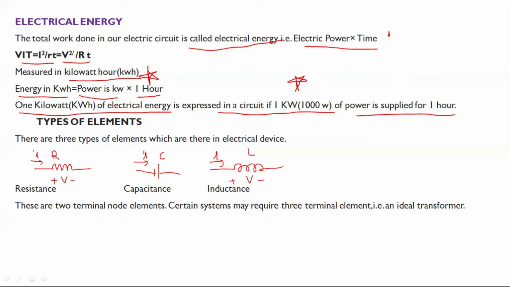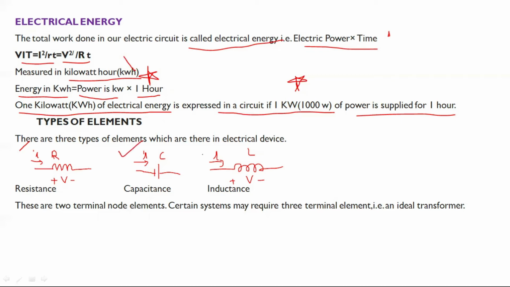Next, there are types of elements. There are three types of elements in electrical devices. Electrical devices here means AC devices.